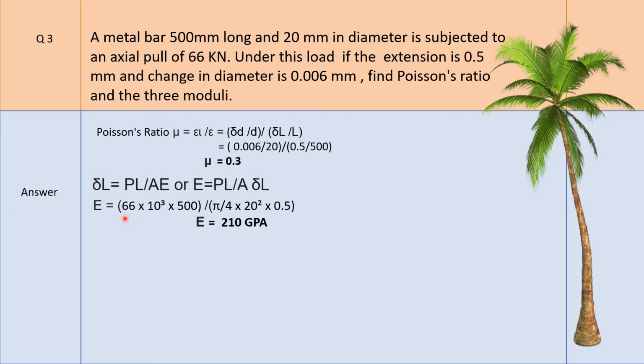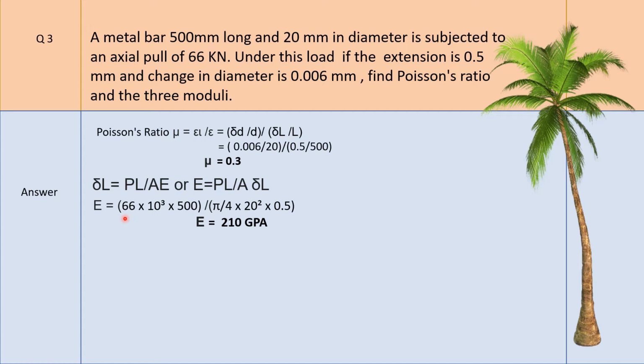Start pressing the buttons from here. Take the calculators in the hand. Bracket open 66 exponential 3 into 500 bracket close divided by bracket open shift pi divided by 4 into 20 x square button into 0.5 bracket close is equal to. If you did not get the answer, do it once again.